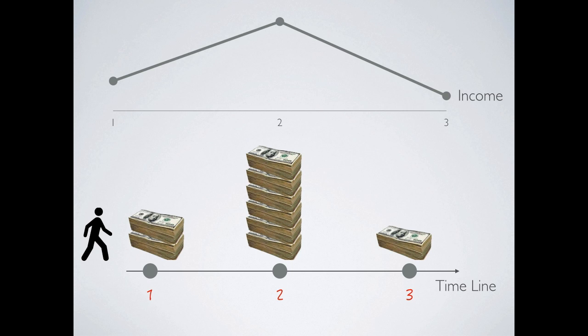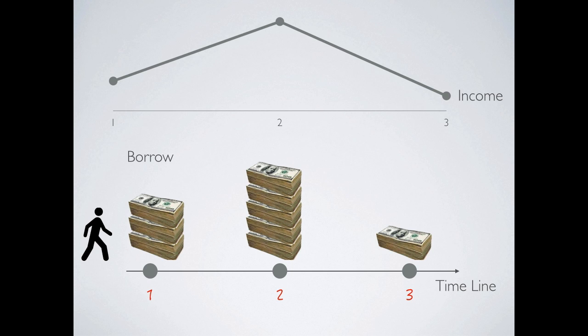So if he really wanted to do consumption smoothing, we assume that the interest rate is 0%, therefore he can move money back and forth without deflating or inflating. So to smooth consumption, since he's poor in period 1, he can try to borrow from period 2.